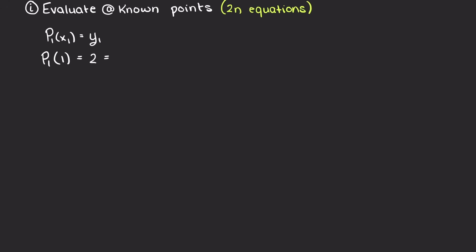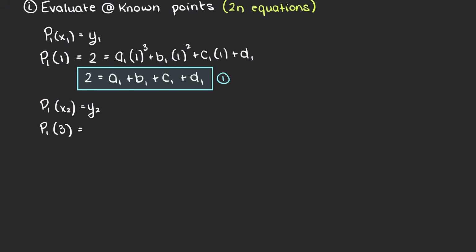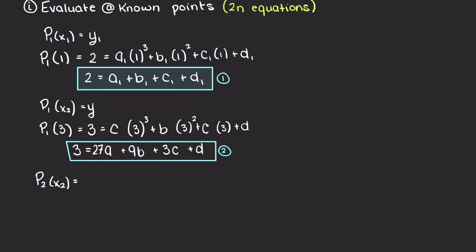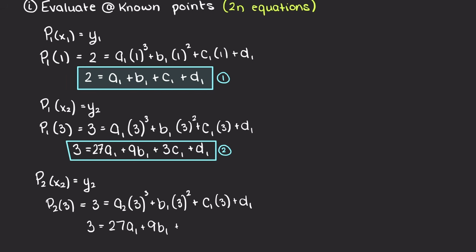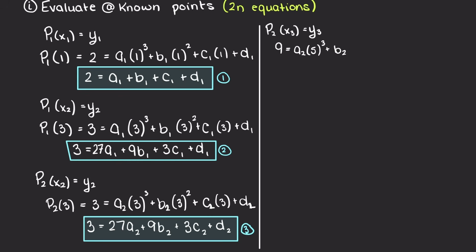As we learned in the previous theory video, we can get 2n equations through evaluating each of our 3 polynomial functions at our known data points. So, let's just go ahead and do that. All we're doing here is simply plugging in our x values and simplifying. But to elaborate a bit more, we're going to evaluate our first polynomial with its 2 data points, so x1 and x2.